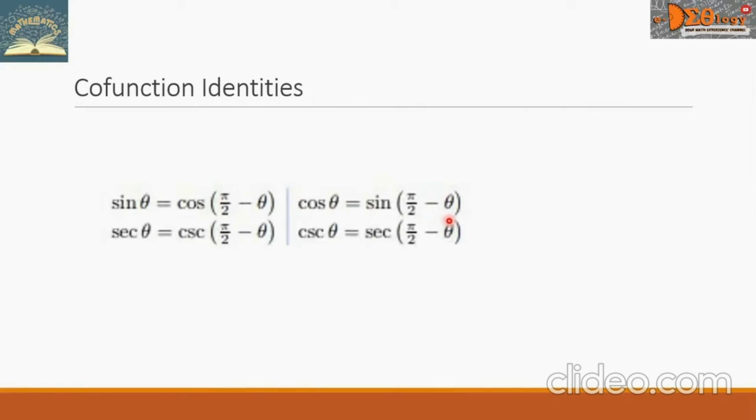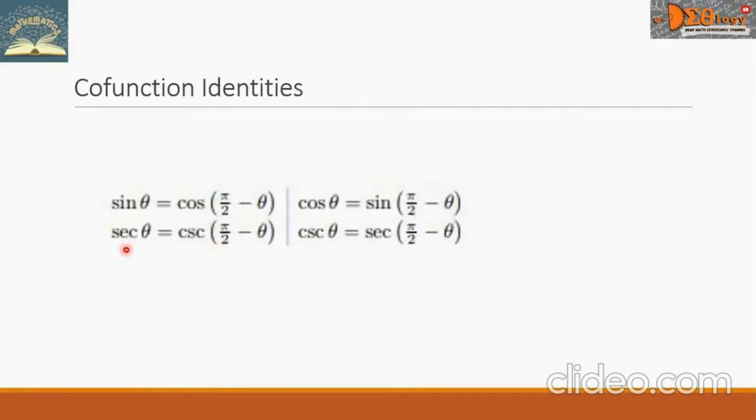Let's go now to cofunction identities. A while ago, we said that sine and cosine are cofunctions. So we write here sine theta equals cosine of the angle pi over 2 minus theta. Also, cosine theta equals sine of the angle pi over 2 minus theta. Also, secant and cosecant are cofunctions.